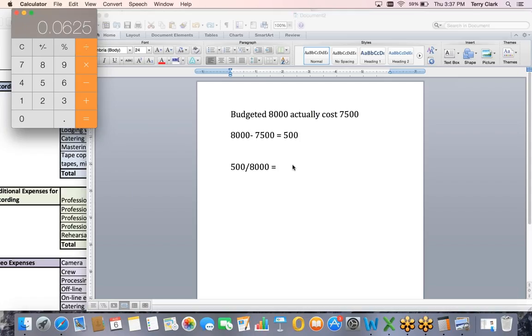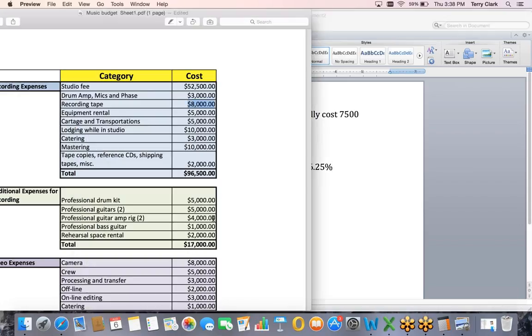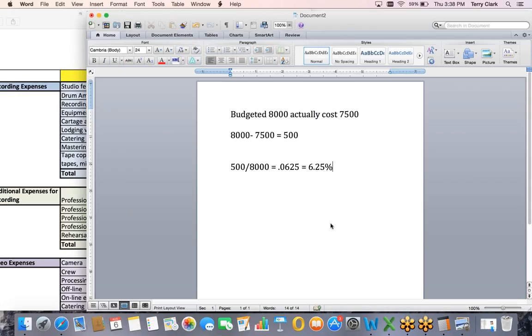So it's going to be 0.0625 as a decimal. And then to convert that to a percent, we'll move the decimal 2 places to the right. And we'll end up with 6.25%. Okay, so that's what we got off. We got off 6.25%. Now the amount we got taken off was $500, but the percentage was 6.25%. Okay. Does anybody have any questions about that off problem?